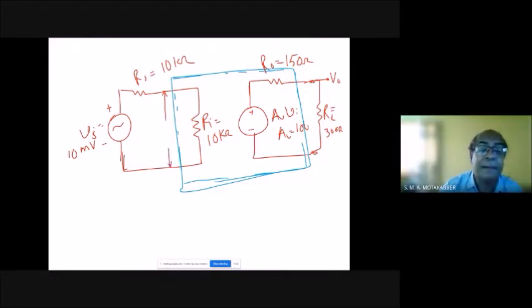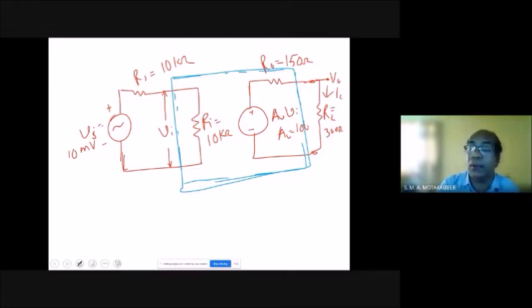This is our Vi. So you are asked to calculate the output current IL, because L means the load resistance, and the output voltage, as well as the voltage gain.